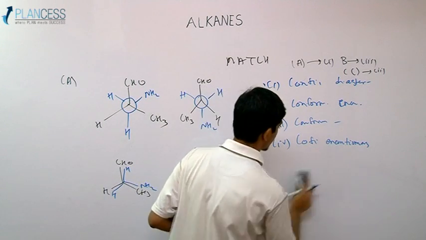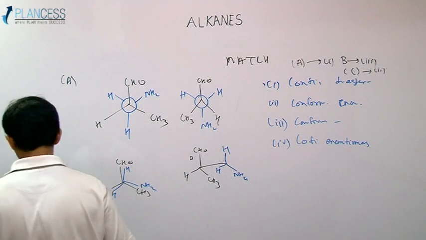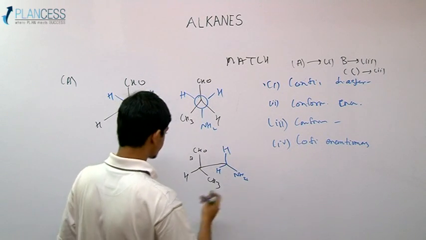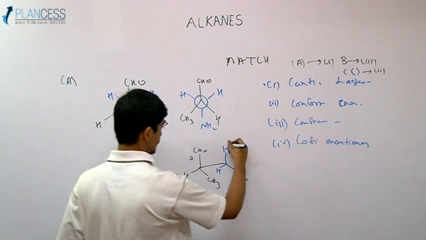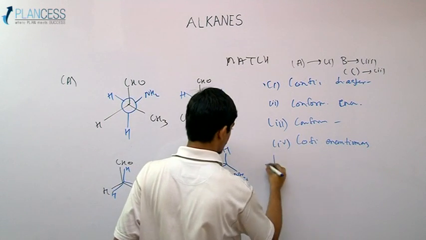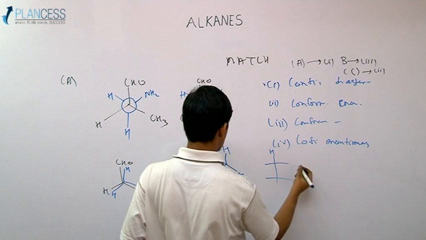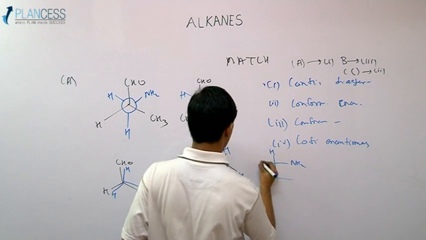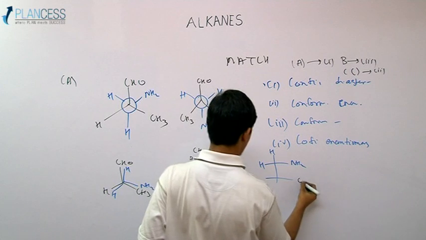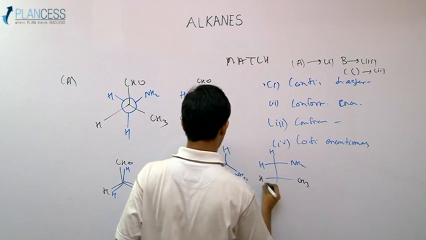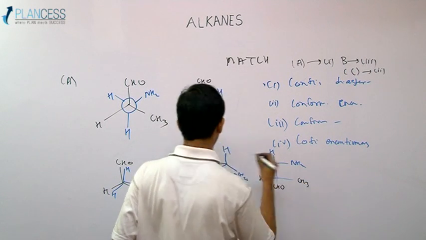Now we are ready to write the Fischer projections, because for these types of comparisons Fischer projection is the best way. So let us see Fischer projections. It is like CHO, we start from H, NH2 is on the right, this H, and then this CH3 is on the same side as NH2, hydrogen, and CHO.